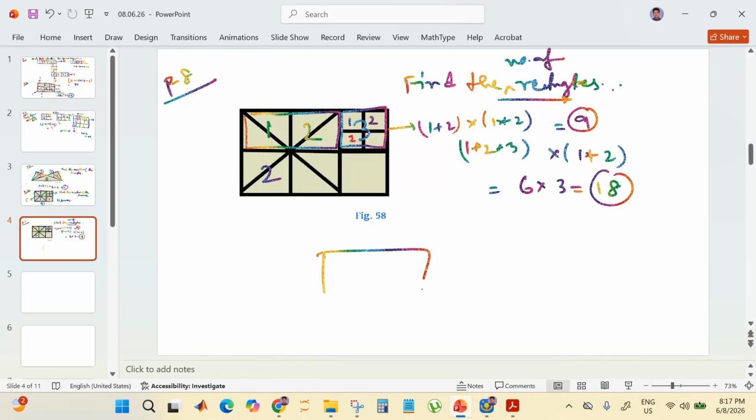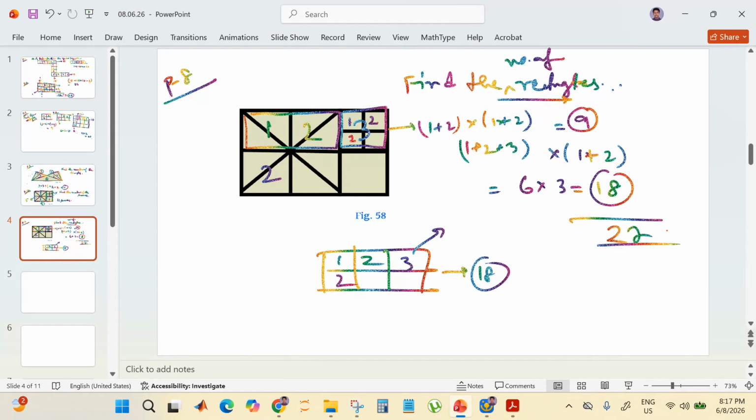That means 18 we have done. Inside this 18, already you have considered all of the possible rectangles with this figure. Now only you have to check these 3 because there is only a division. So 1 2 1 2, 3 into 3, that is 9. So 27 rectangles are there if I consider it a rectangle.